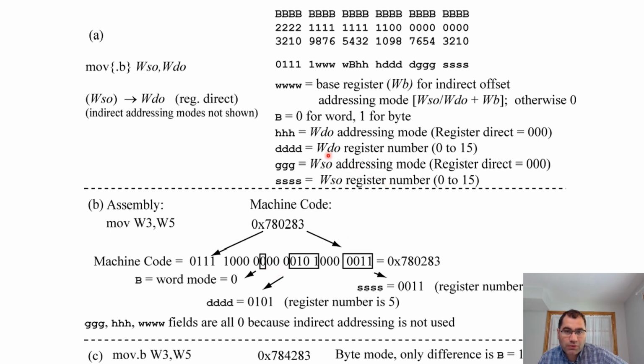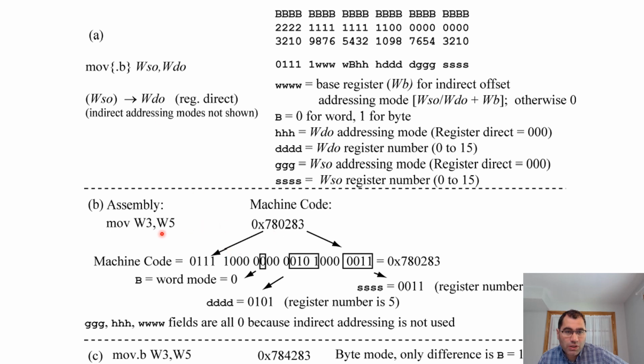Okay. How about DDDD? We took care of HHH. DDDD is the destination register number. Well, what's our destination register? This is our destination and this is our source, right?